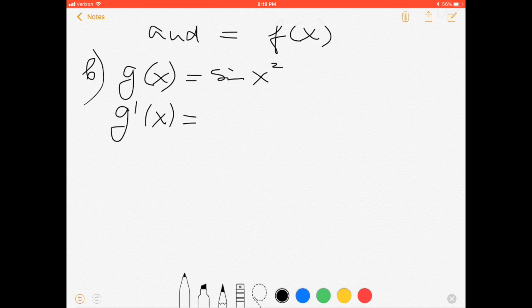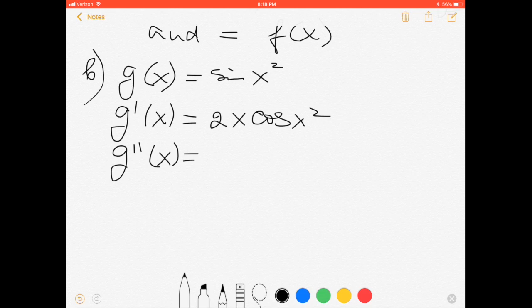It will be 2x cosine x squared. Then find the second derivative. Now it's like a product. It will be 2 cosine x squared minus 4x sine x squared, and so on.